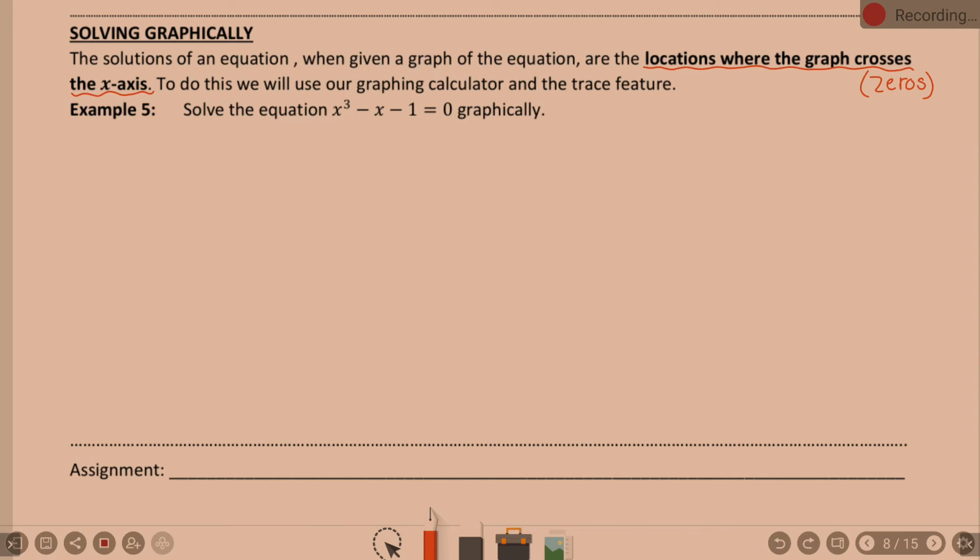Okay, so grab your calculators and graph this equation. Did you get it graphed?